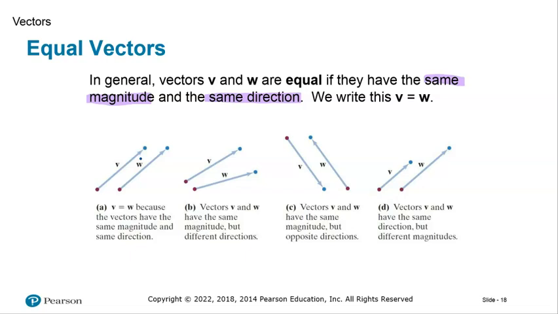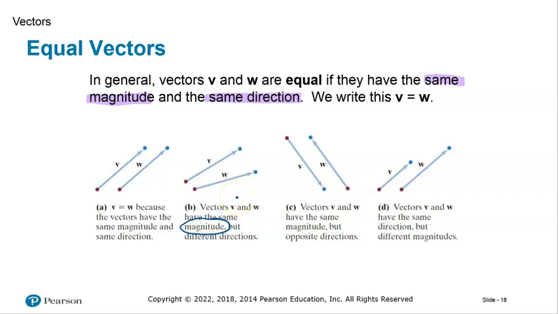Now check out B. V and W have the same length, which really means they have the same magnitude. So make sure you use the right vocabulary. The vector has two things, magnitude and direction. And so magnitude really is the length of the vector. We'll talk more about that in a minute, but these aren't pointing in the same direction.